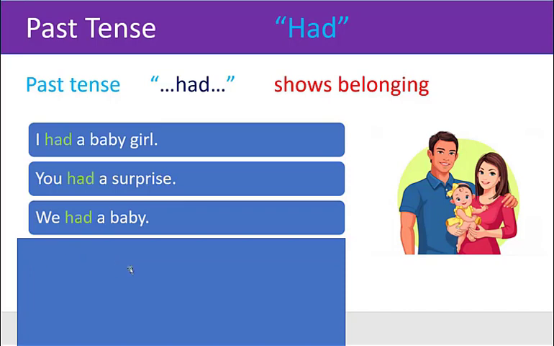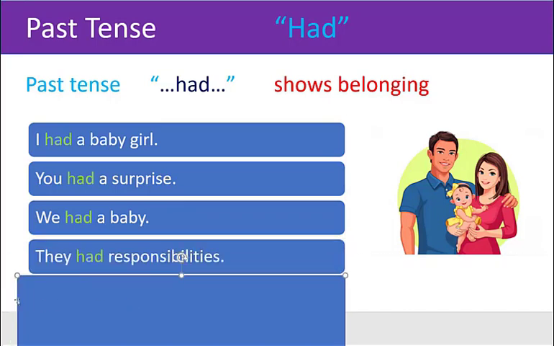We had a baby. They had responsibilities. As you can see, it doesn't matter whether it's the first person, second person, first person plural, or third person. We still use the verb have as had in each of these sentences.